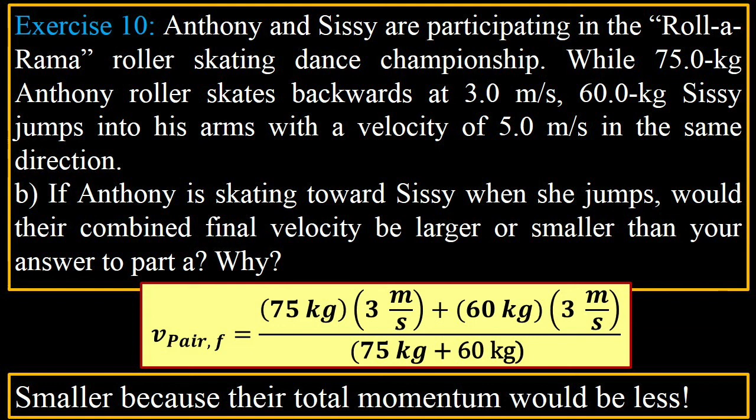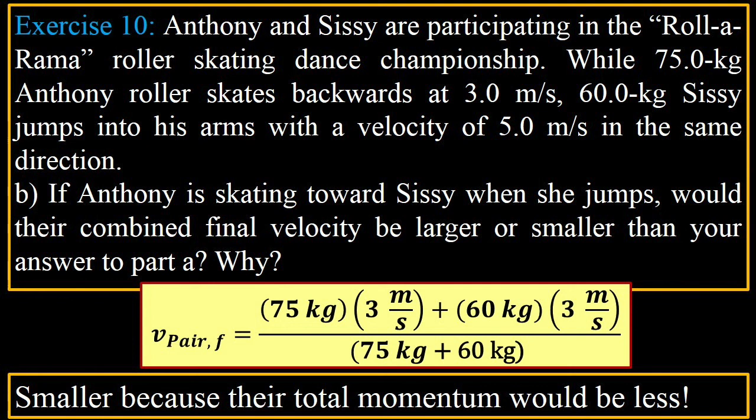Also, if you think about it conceptually, they would be moving towards each other and they would cancel each other out a bit. So if he's changing direction, both mathematically and conceptually, you can see that the answer would be smaller. The velocity would be smaller. So look at the value again, because momentum is a vector, and it's important to be able to think in vector terms.